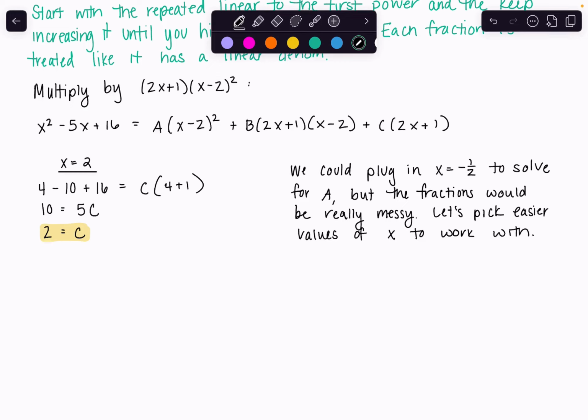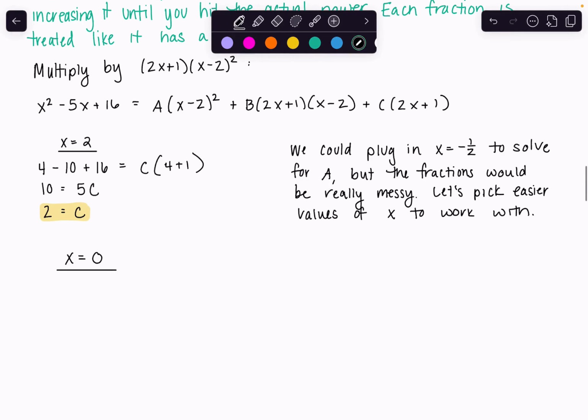So I'm missing 2 variables, so I'm going to have to pick 2 values of x. The first value that I think is super easy to pick is definitely 0. Anytime we can plug in 0, fantastic. So over here, those would both disappear, and we're left with 16.